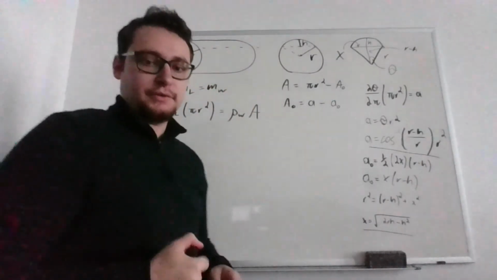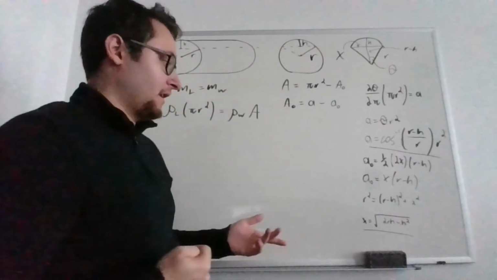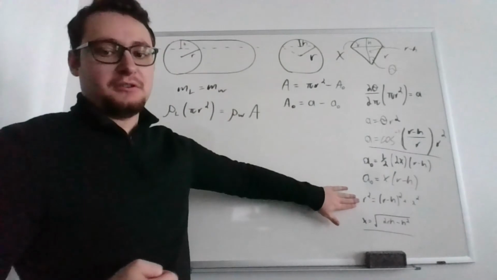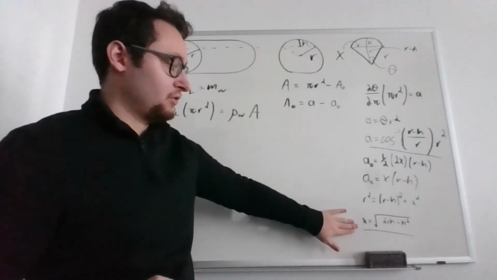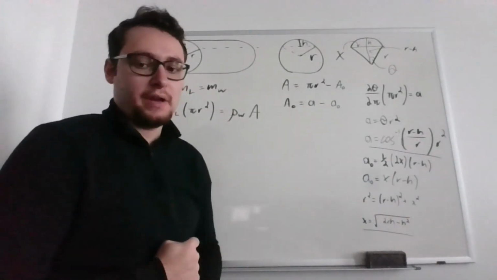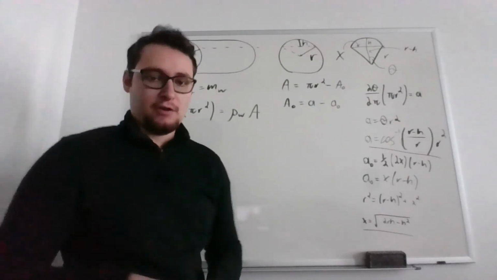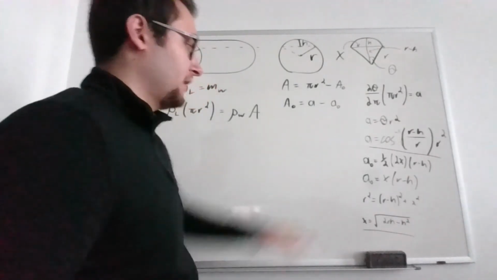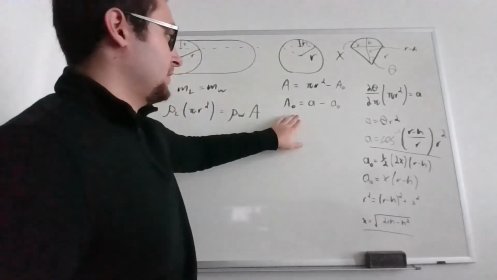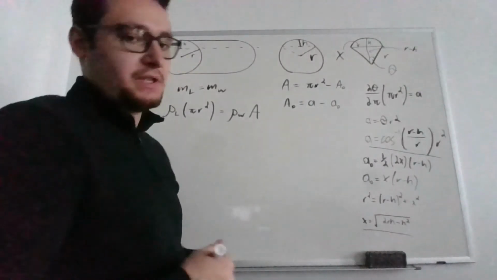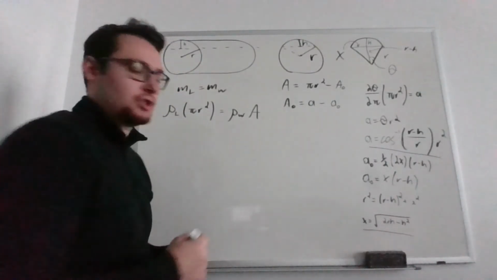There we go. So I kind of just went ahead and did it. So this is your theorem you'd set up. And when you solve for x, you get the square root of 2rh minus h squared. So plugging that in here, as well as plugging everything in here respectively, we can get A naught represented as such.